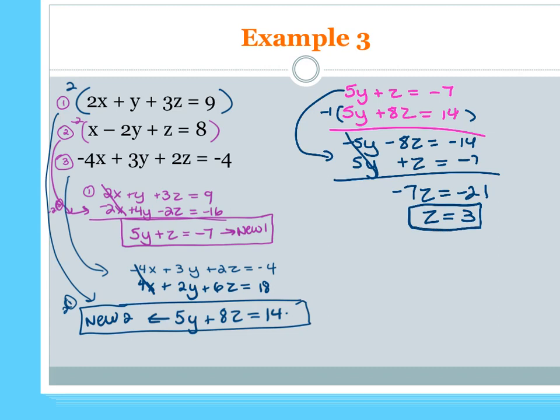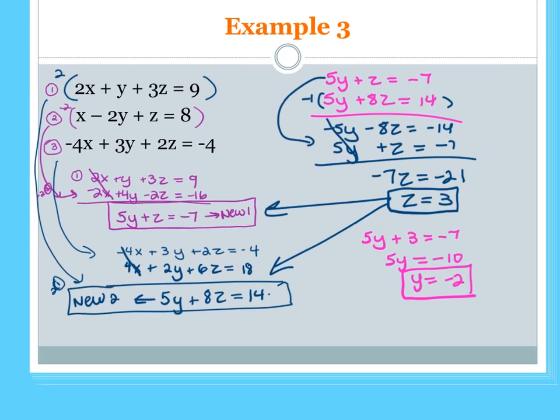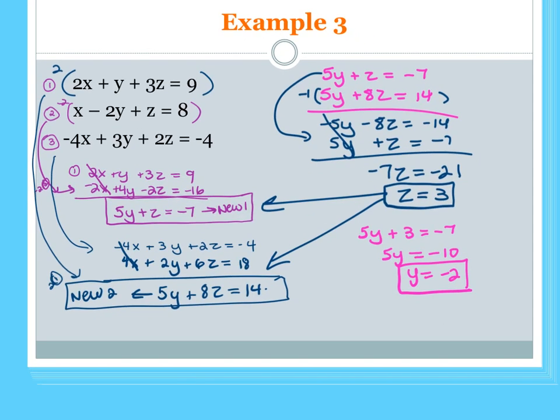Now this is where the back substitution comes into play. I have to take that and plug it into one of the new ones, and it doesn't matter which one. So I'm just going to grab that first one. Now I've got my second variable, and these have to be plugged into one of the original ones.